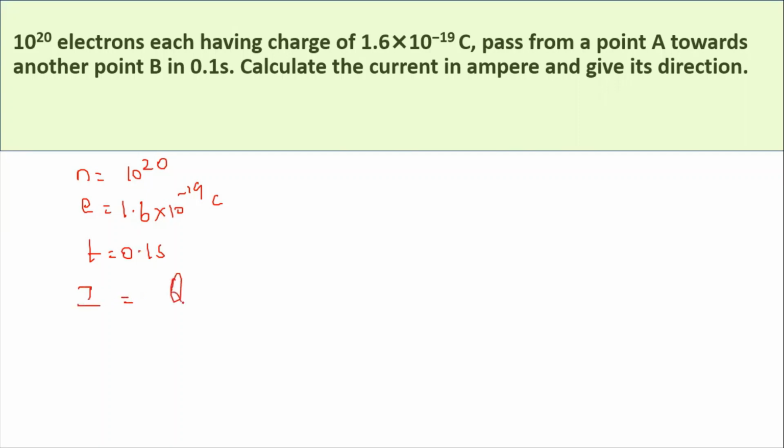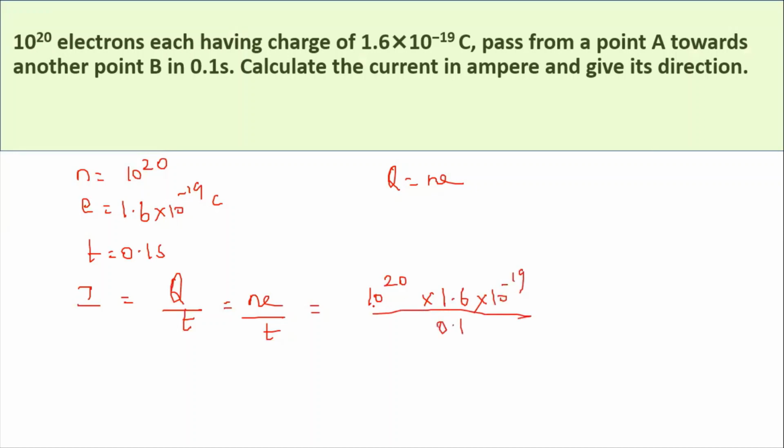You know that I is equal to Q by T, and Q is equal to NE. So I is equal to NE by T. Now substitute the values. N is 10 power 20, times 1.6 into 10 power minus 19, divided by 0.1.